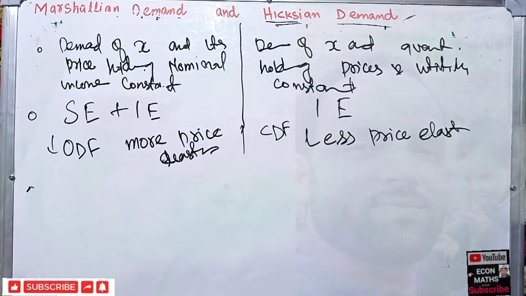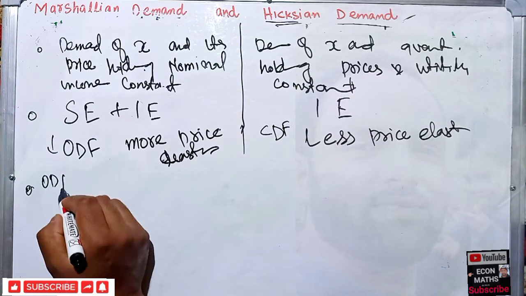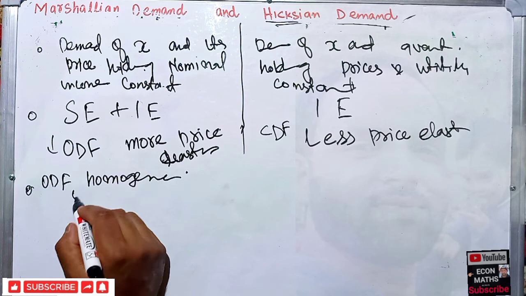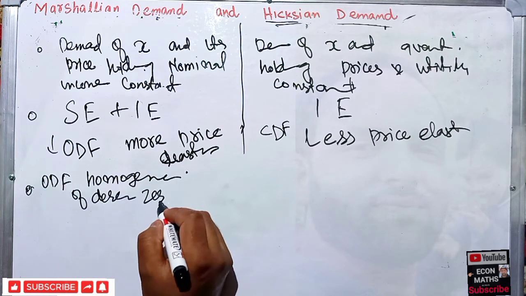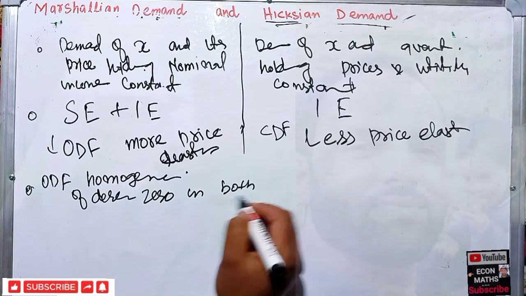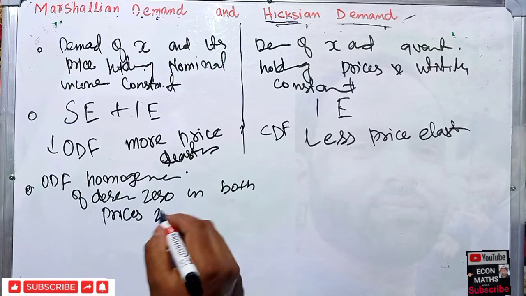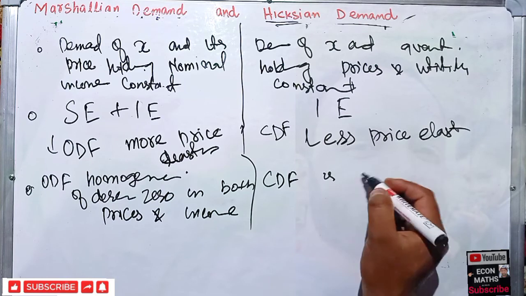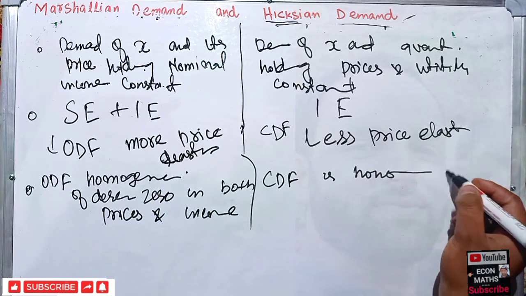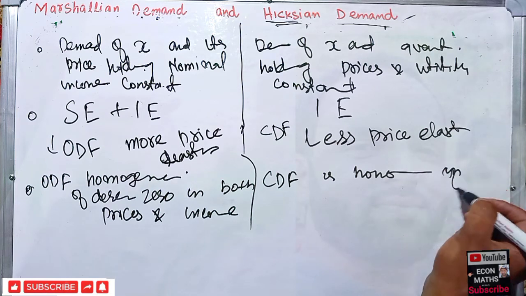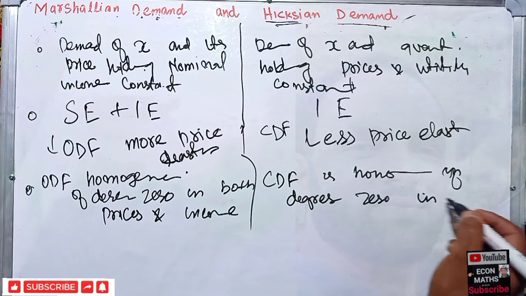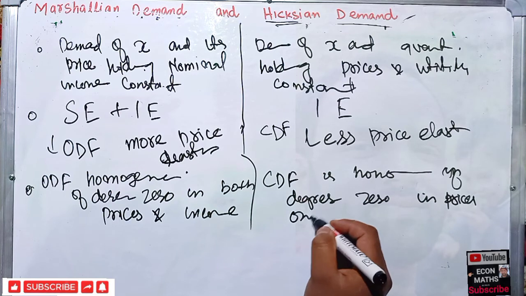Another difference is that the Marshallian demand function or ordinary demand function is homogeneous of degree 0 in both prices and income, but the compensated demand function is homogeneous of degree 0 in prices only.